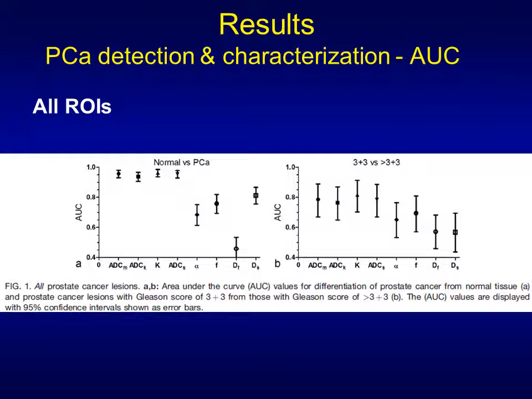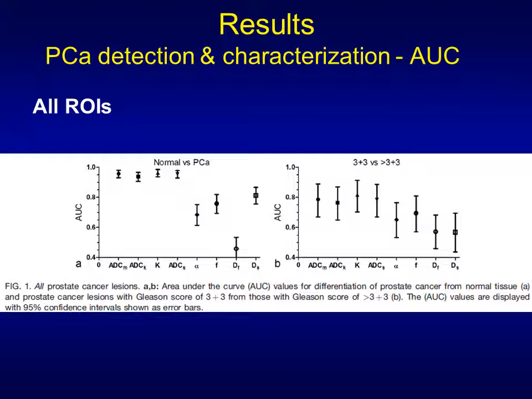When you look at the AUC values, there are no major differences in AUC values between ADC parameters, either from the mono-exponential model, kurtosis, or stretched exponential model, and also the K parameter of the kurtosis model performs similarly to the ADC parameters.